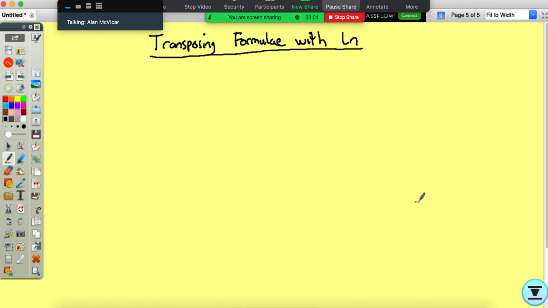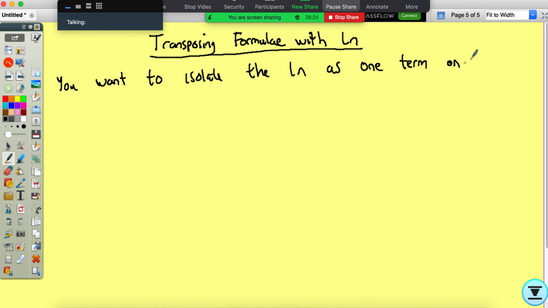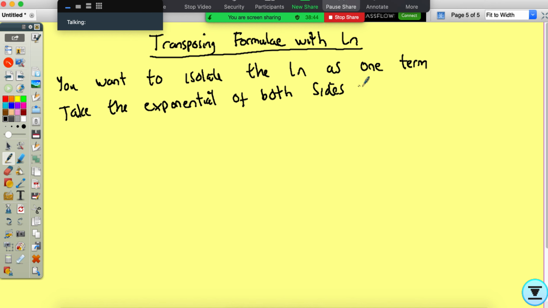Right, so if you're transposing a formula with ln, you want to isolate the ln as one term if possible.